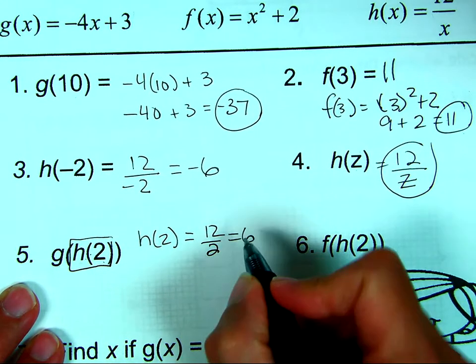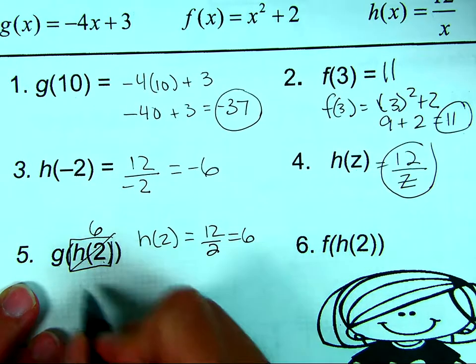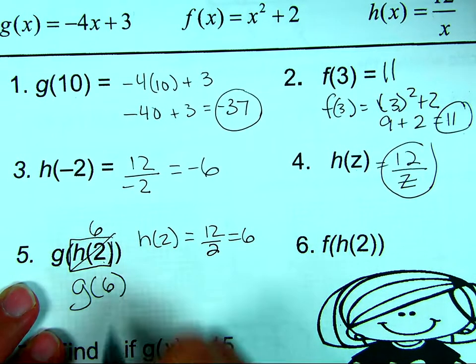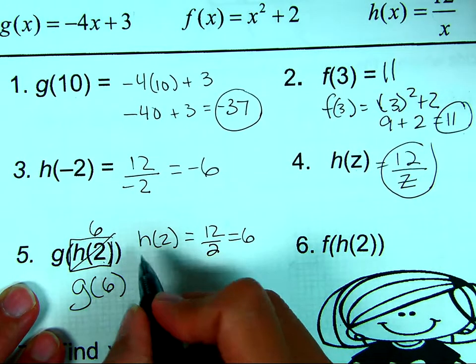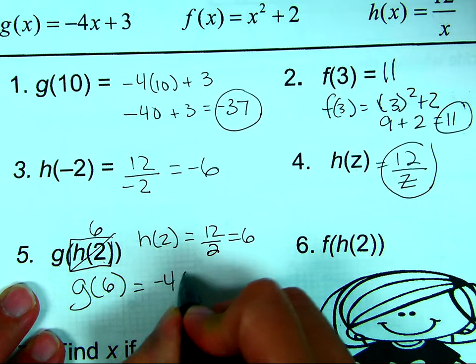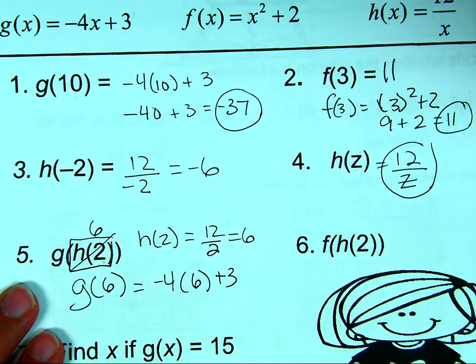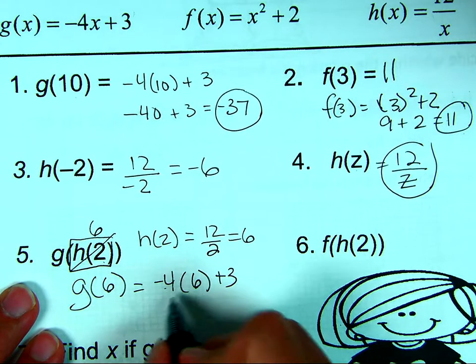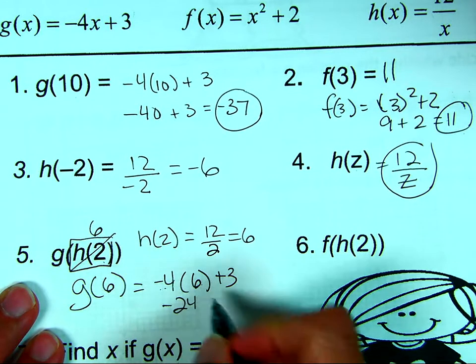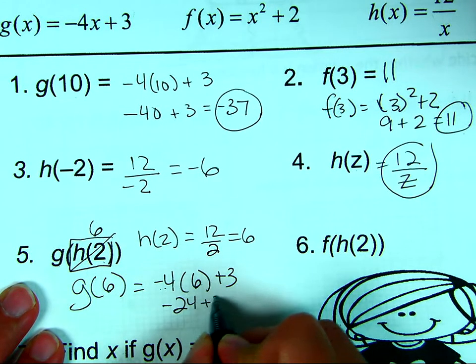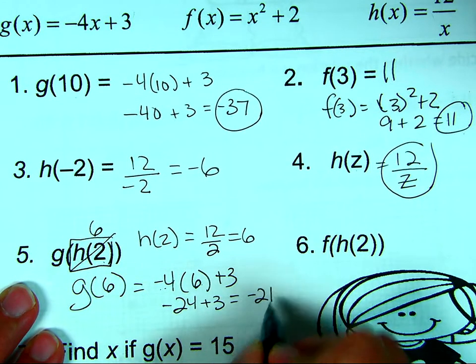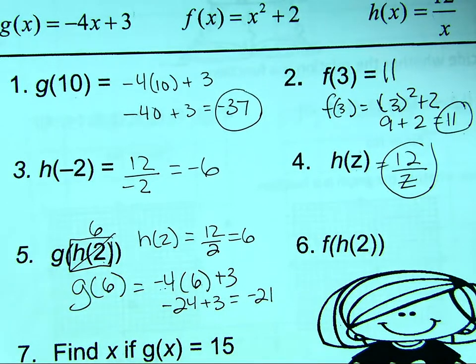That's 6. Now that I know that this is 6, that means I'm trying to find g of 6. So I go back up to the g function and I replace the x with a 6, and I put negative 4 times 6 plus 3. So that's negative 24, because negative 4 times 6 is negative 24, plus 3, that would get me negative 21. So g of h of 2 is negative 21.